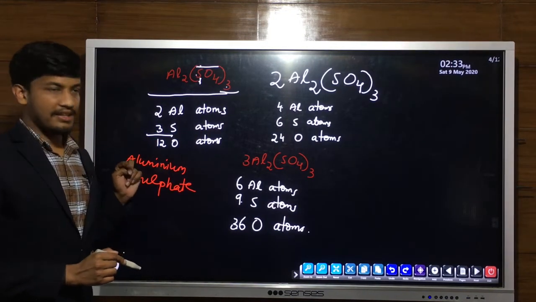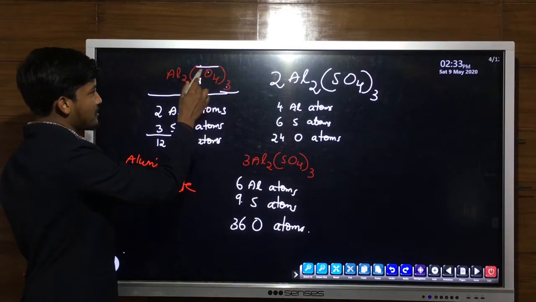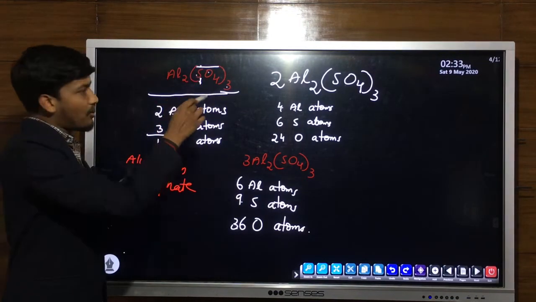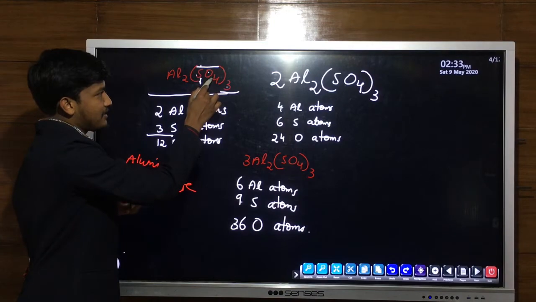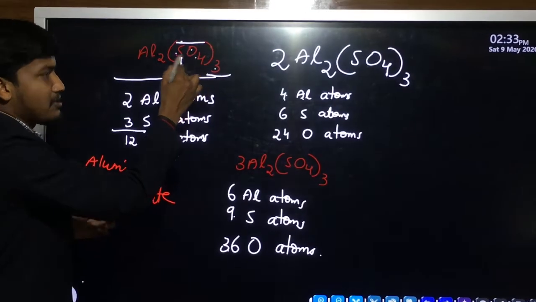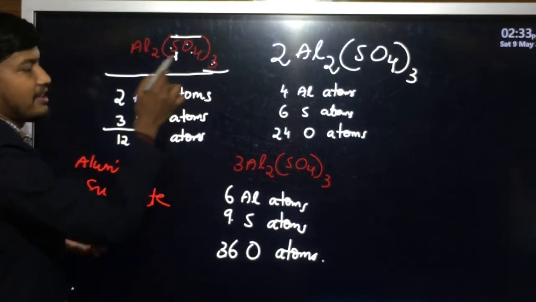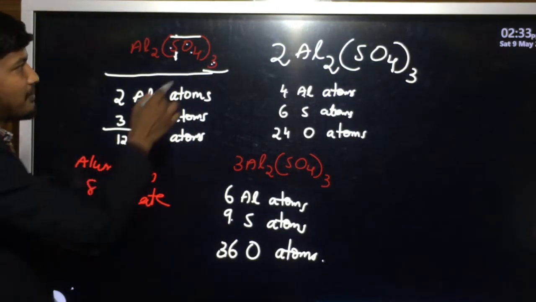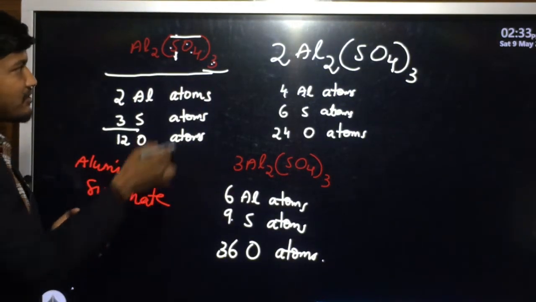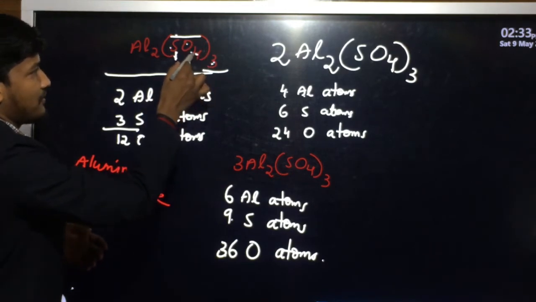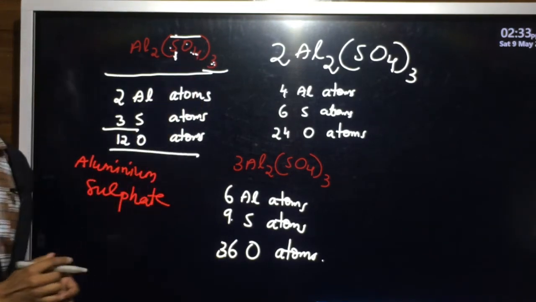Similar is the case of oxygen, because oxygen is also in the brackets. The number of oxygen atoms is 4, but since oxygen is present in the brackets, we have to multiply this 4 by 3, right? So 4 into 3, 4 3s are 12 oxygen atoms.